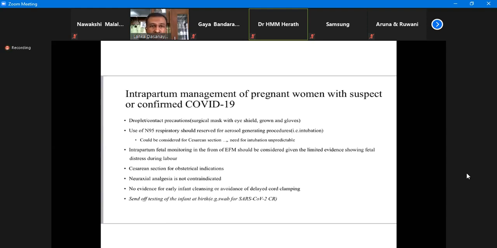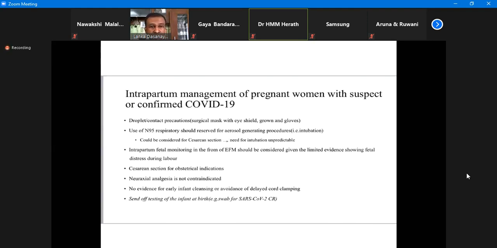Mode of delivery depends on the obstetric indication; the infection per se is not necessarily an indication for cesarean section for these pregnant mothers.